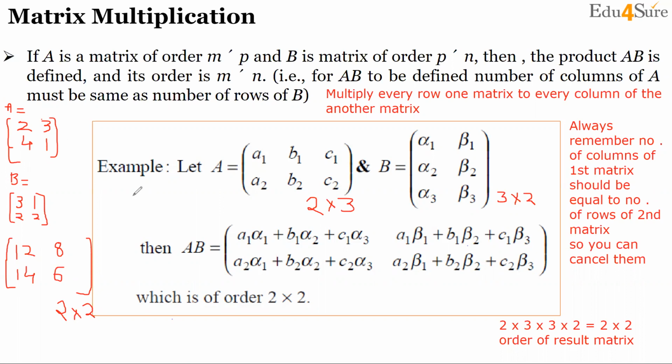So you can do this multiplication in your rough notes, get the output, and check it here. So in this way we do the multiplication of matrices. I hope it is clear to you how to do the multiplication of matrices and what things you need to take care of while doing it.